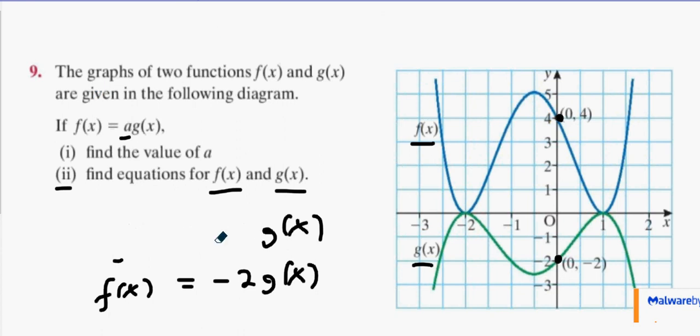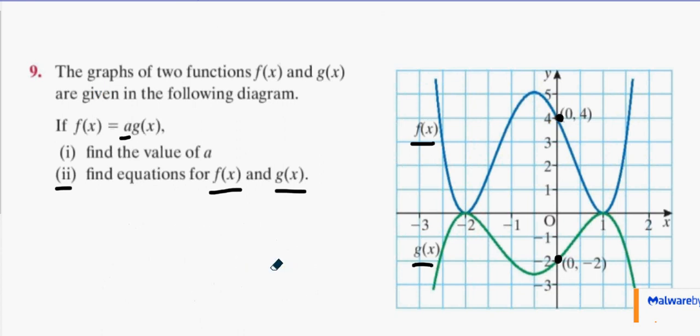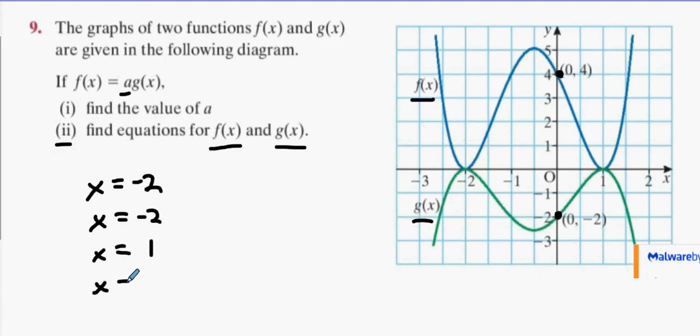I can use part 2 to answer part 1. So here's what we're going to do. Alright, what are the intercepts? x equals minus 2. How many times? Twice. x equals 1. How many times? Twice.